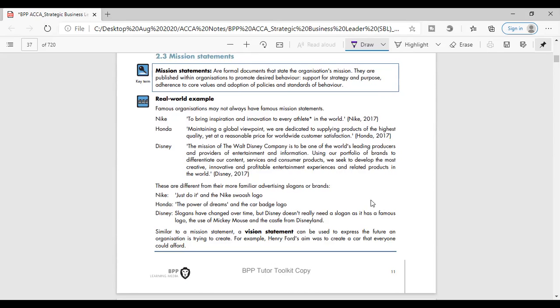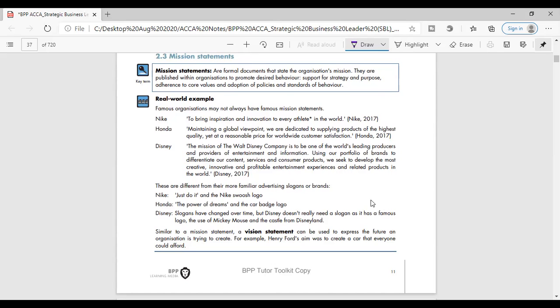Similarly, we have from Nike, Honda, and Disney. Disney is a bit long. It should not be that long. The ideal one is like Honda, which should be very specific and still very clear. Clarity, specifics, and a vision. All 2-3 elements should be there in a mission statement.